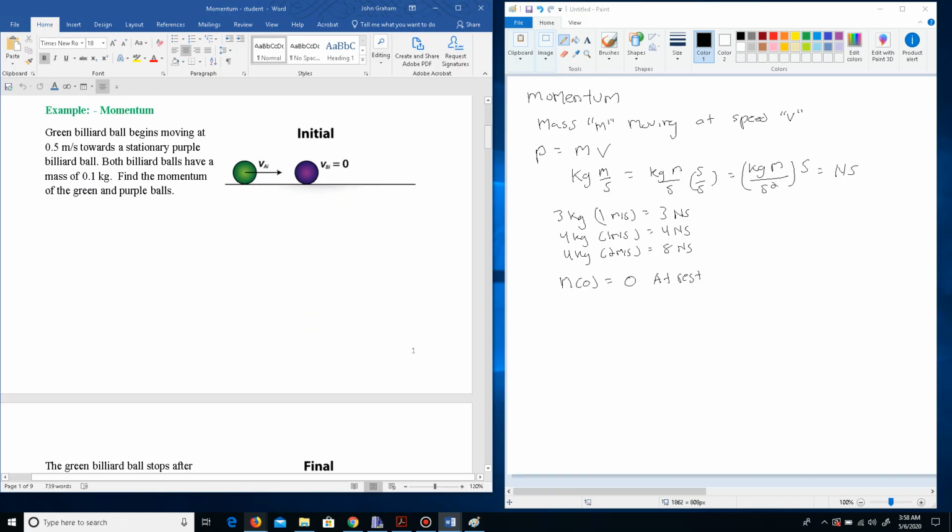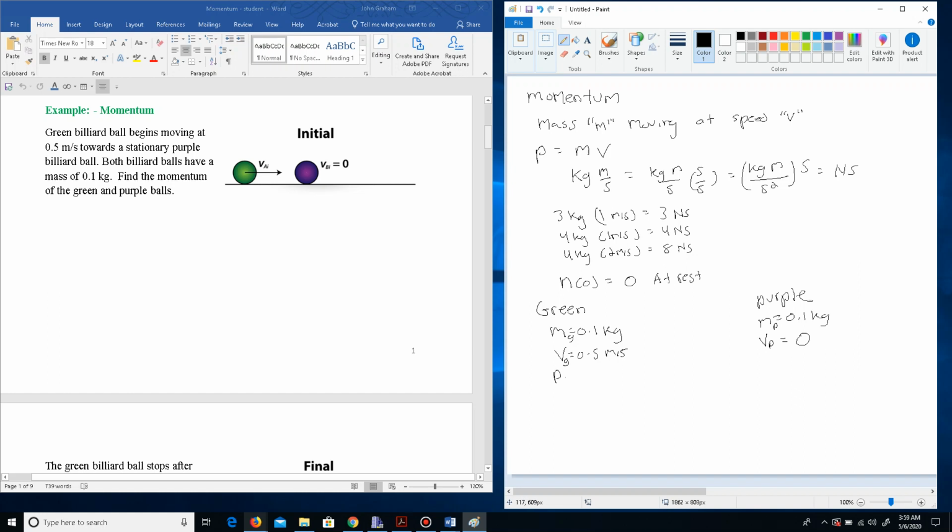So let's get to an example. We have a green billiard ball and we have a purple one. The green billiard ball has a mass of 0.1 kilograms, and so does the purple one. The green one has an initial velocity of 0.5 meters per second, and the purple one, let me put P here for these, has a velocity of 0 since it's at rest.